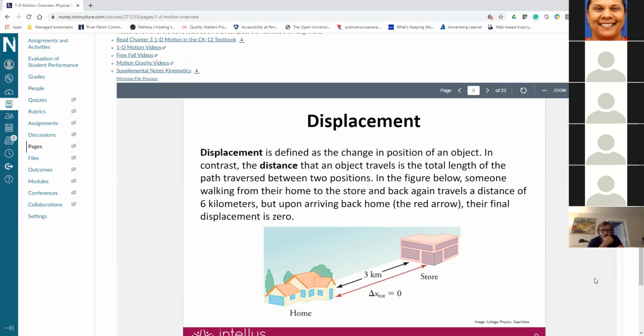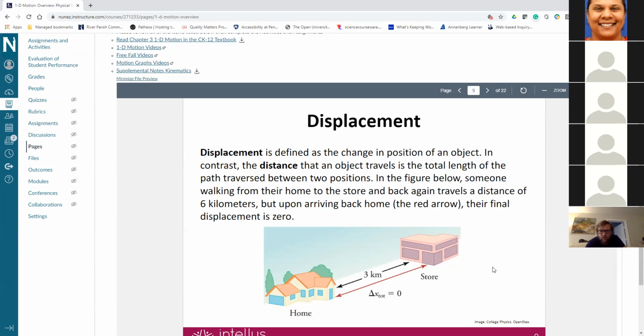Be careful. There's a related property called distance that also utilizes the idea of where the object is located, but distance is looking at just how far the object moves along its path of motion, right? So they give the example there. They have home and they have a store.